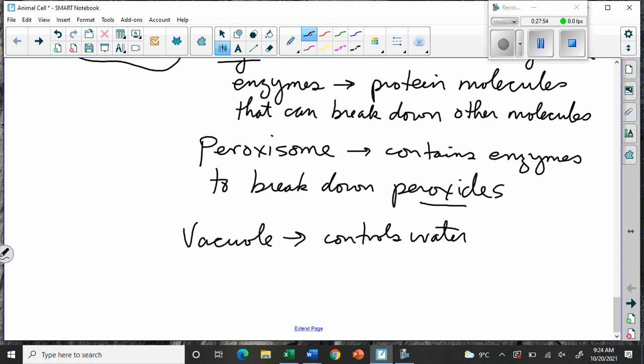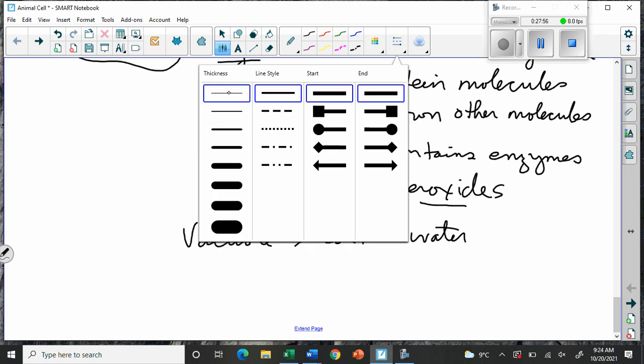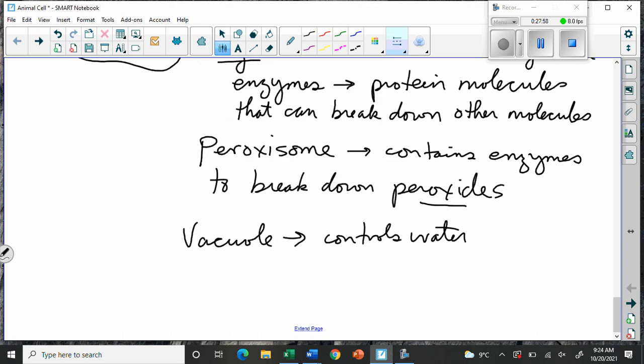It can control water, and what's really cool is in some cells, not only can it control water, but some can contract and squirt water out of the cell. And if they do this, you can squirt water out like a little jet, which can cause your cell to shoot forward, just like a little jet plane.